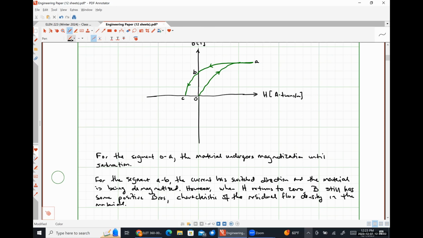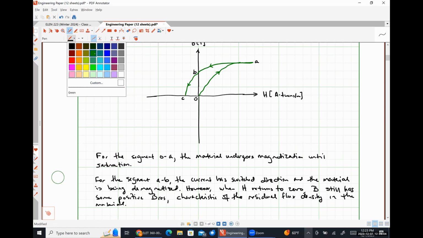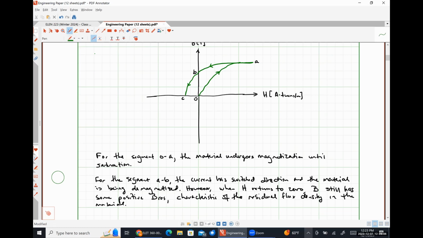If we continue applying a more negative current or a more negative H field, we will eventually wind up saturating in the opposite direction. So this would be point D. So at this point, the field lines have completely and utterly switched direction.